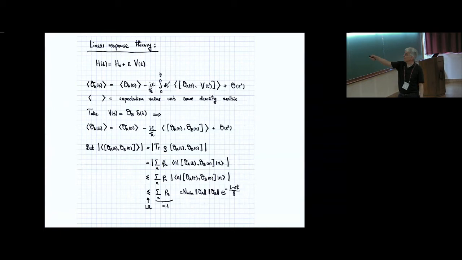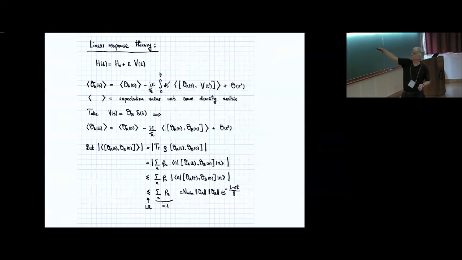It's a relatively simple exercise, and I hope you have done it at some point to show that if I look at the expectation value in any density matrix, in any state, of some operator OA, and I take this operator in the Heisenberg representation at time t, then this equals the same expectation value at time t equal to 0, minus i epsilon, a very small correction, that's the response of the system to the perturbation, times the integral from 0 to the time t, where t is the time at which I calculate this expectation value.